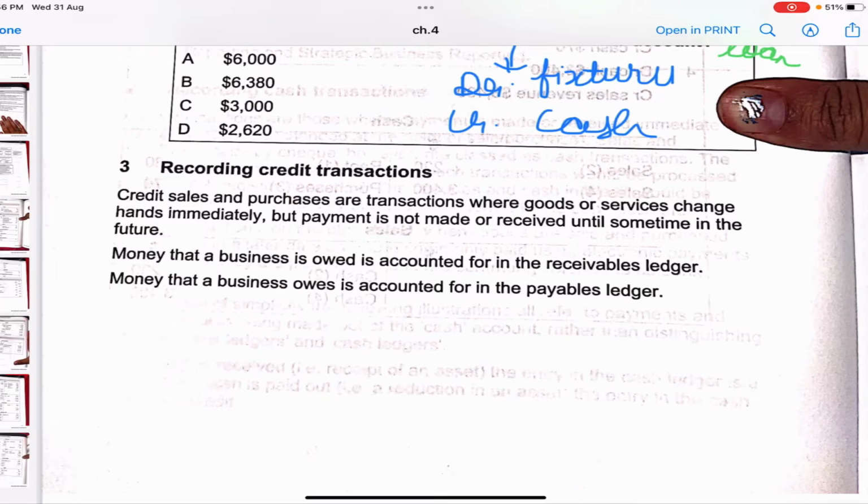Money that a business owes is accounted for in the payables ledger. Receivables are, as the name says, something we are supposed to receive, which means somebody else owes this much money to us. And when we owe someone some money, when we have taken a loan or taken something on credit from someone, that is something we need to pay, which is payables. So that has to be accounted in the payables ledger.